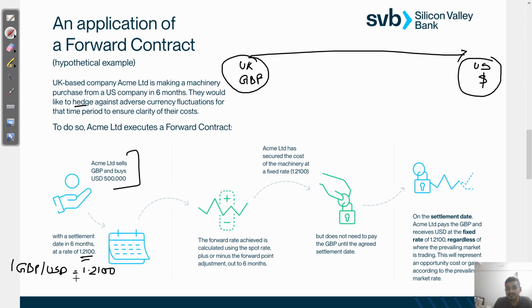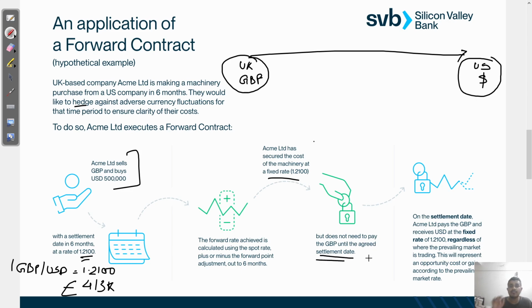That means to buy $500,000, it will have to shell out $500,000 divided by 1.21, which is around 413k pounds. This is what Acme would be paying 6 months from now. As it says, Acme has secured the cost of machinery at a fixed rate but does not need to pay GBP until the agreed settlement date.